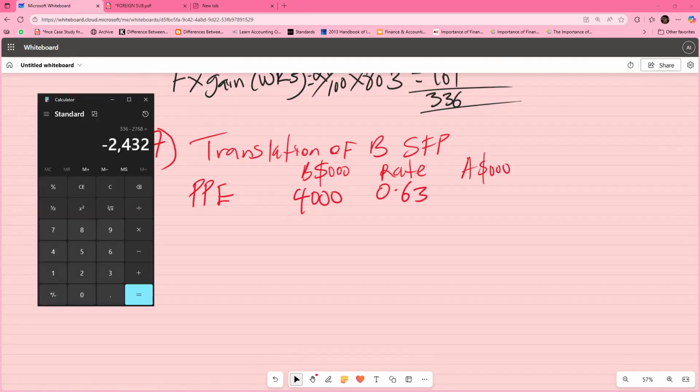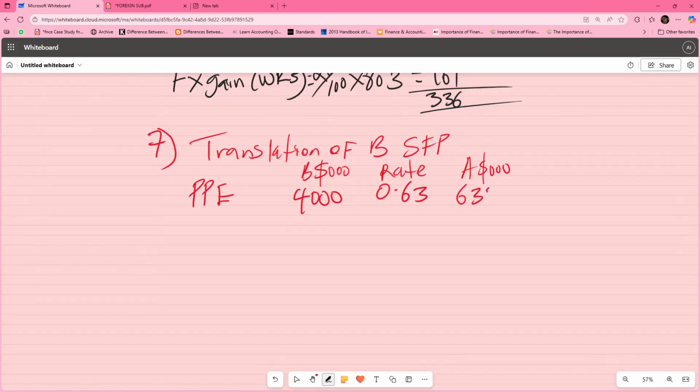And don't forget here, the subsidiary currency is more valuable than the parent's, so by the time you convert this 4,000 to the parent's currency, it's going to be high. So you divide 4,000 by 0.63, and you have 6,349.